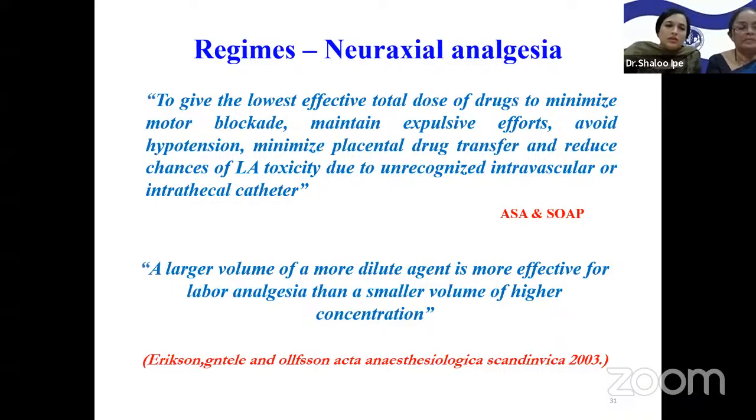Now we'll come to the regimes that are used in neuraxial analgesia. A point that I want to stress is that a larger volume of a more dilute agent is more effective for labor analgesia than a smaller volume of higher concentration.